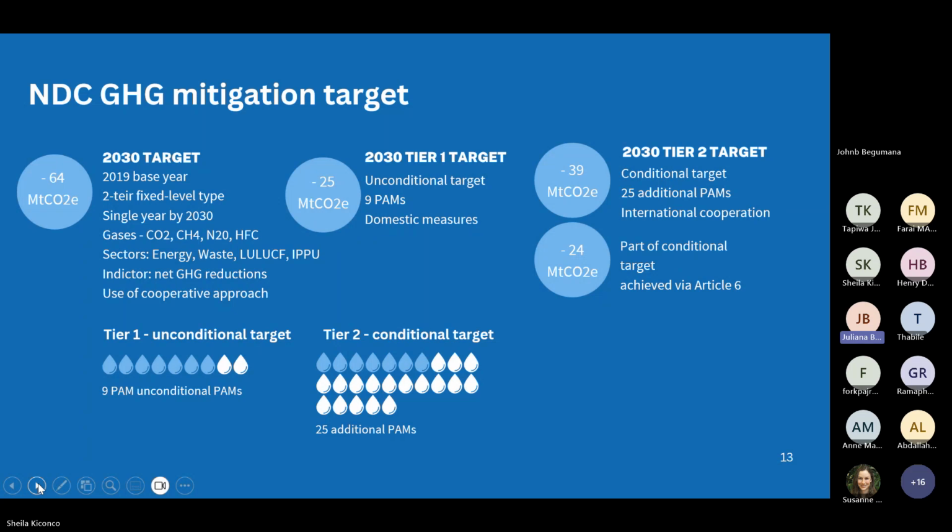So on the NDC GHG mitigation target, we have 2030 as our target as every other country or most countries, and the emission reduction potential by 2030 is supposed to be 64 million tons CO2 equivalent. With our unconditional targets, we looked at 9 policies or policy measures, and with that, there's the potential to reduce 25 million tons CO2 equivalent based on our own domestic measures.